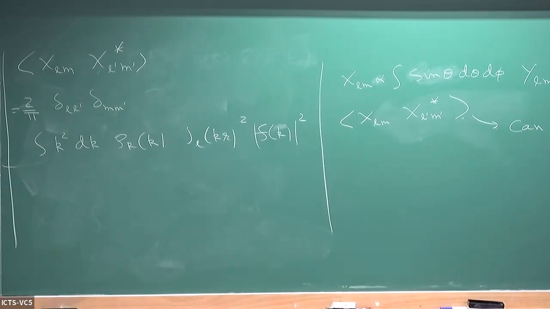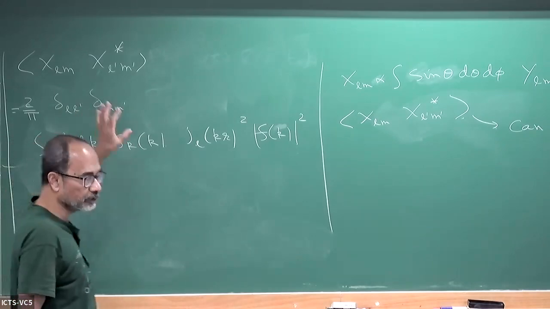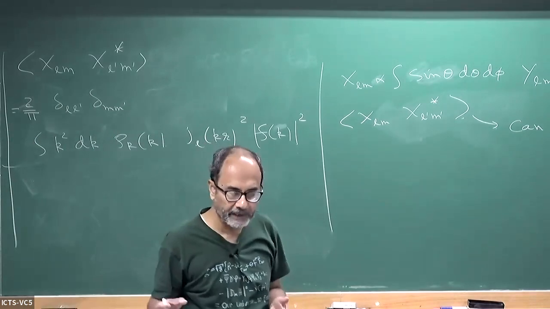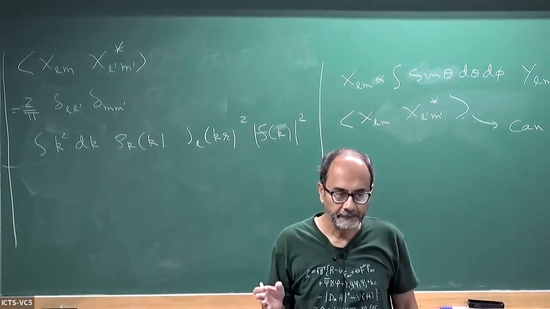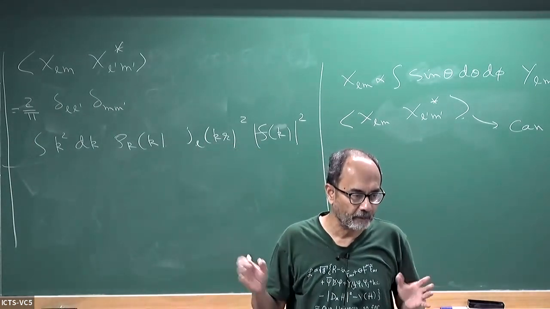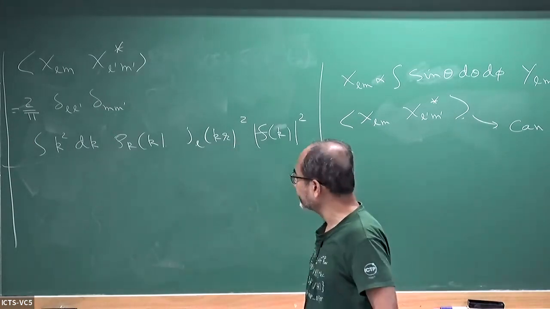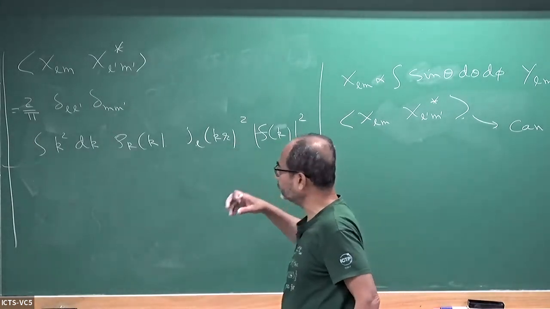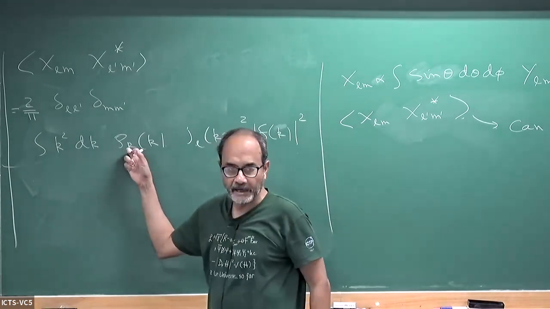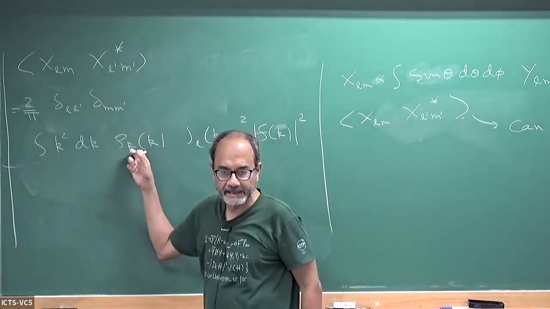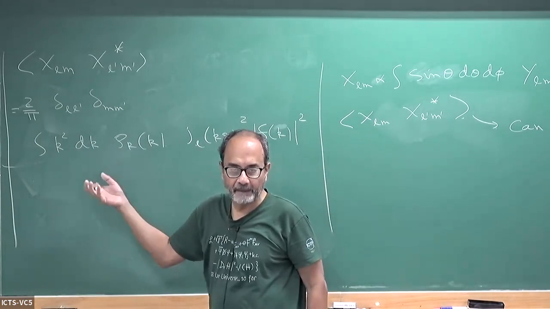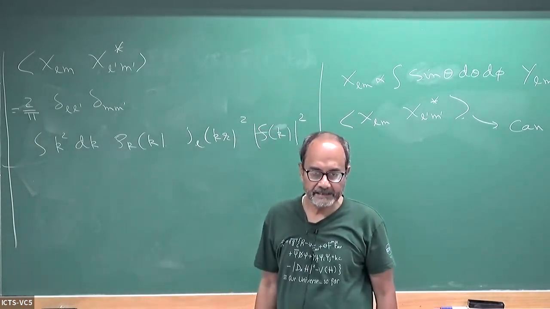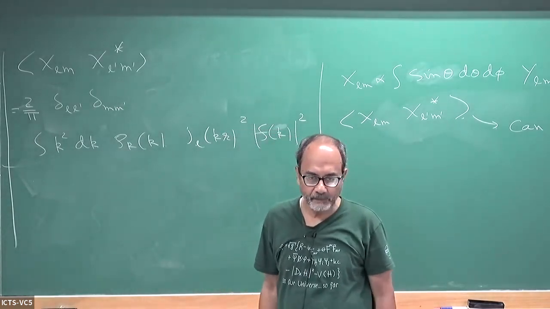So if you believe that the perturbation was produced by inflation, then knowing the cosmic microwave background fluctuation, you can directly find information about this P_R, which you had seen is related to the various parameters during inflation. It had something like phi bar dot square, H square, etc.